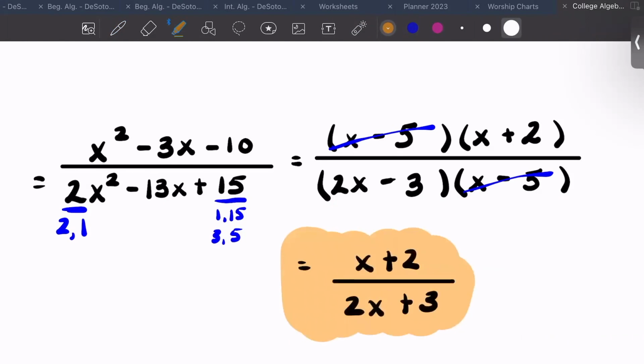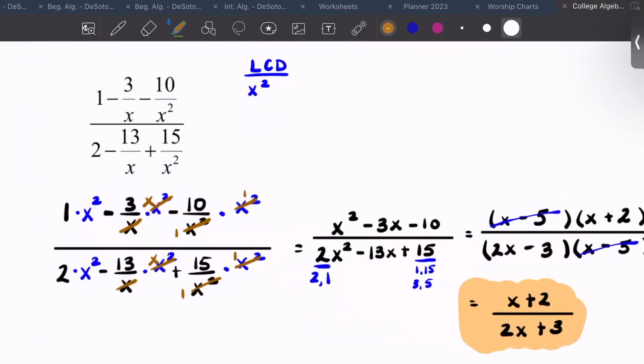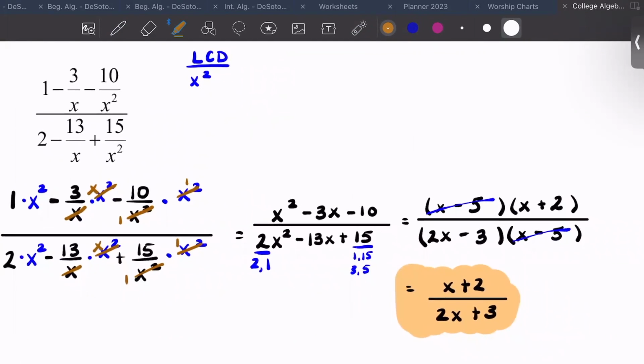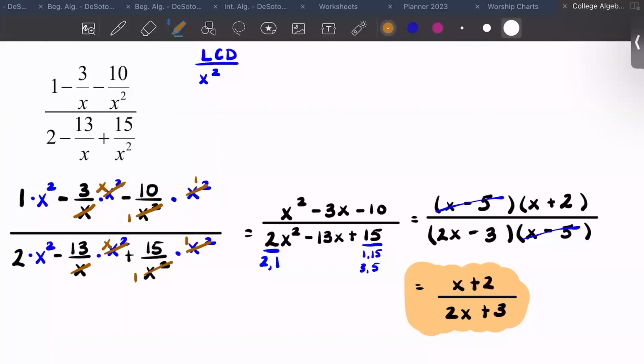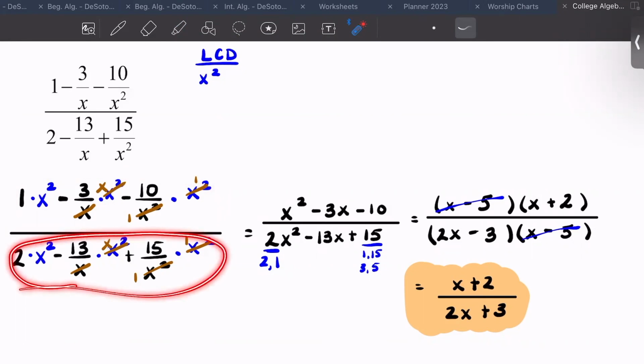So what started as a very complex looking fraction actually turned out not to be that bad. We just multiplied by our least common denominator of x squared. What that did was get rid of the denominator in each of our fractions. It gets rid of the denominator in our numerator and in our denominator.